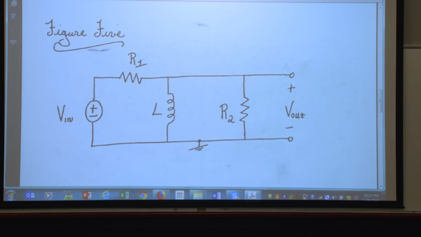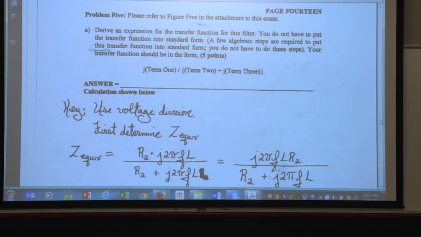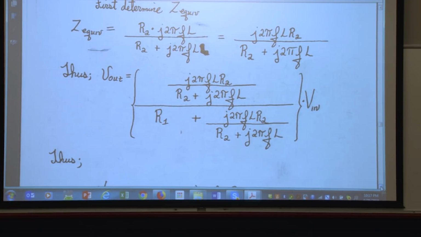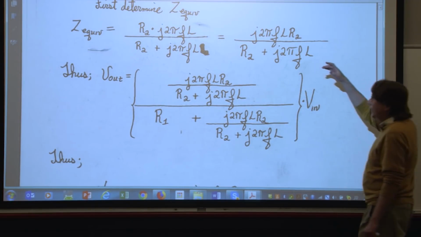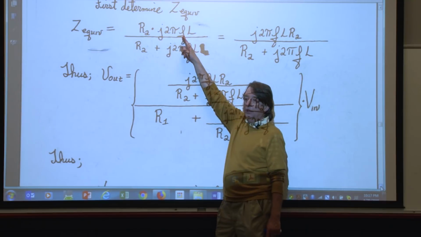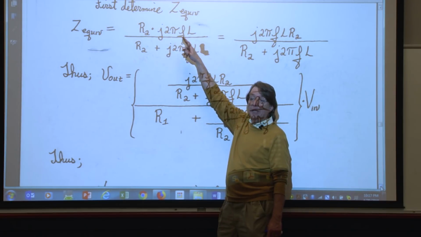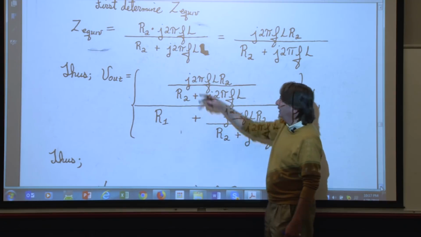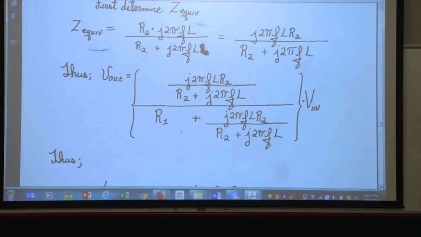So now we go back to my notes and we say, okay, what we're going to do is take the ZEQ, and notice that's product over the sum, R2 times j 2 pi fL over R2 plus j 2 pi fL.